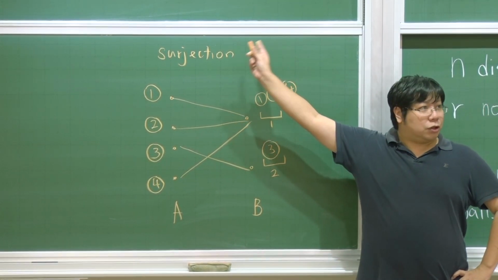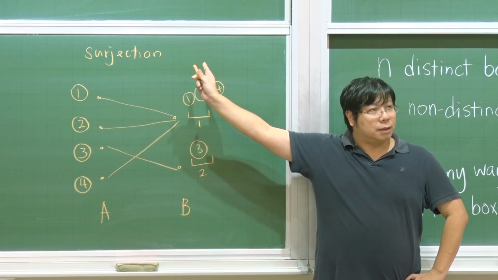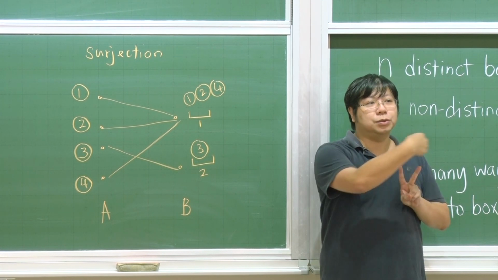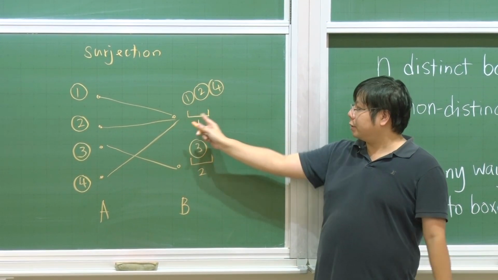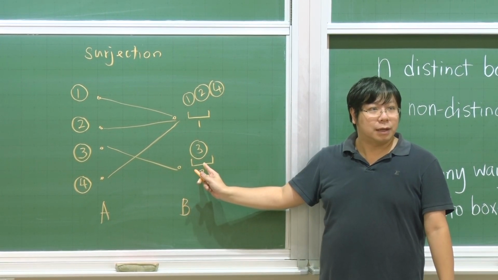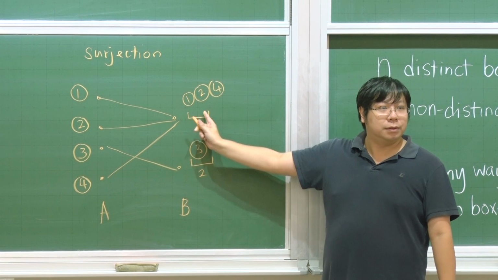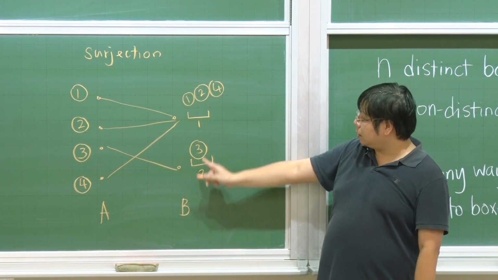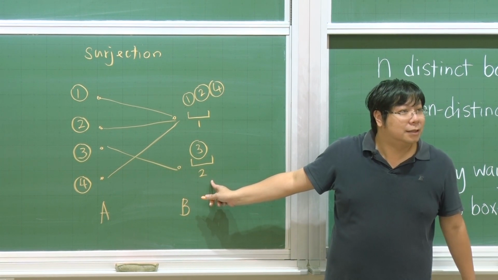So each surjection, you can describe it in 2 steps. First of all, tell me which values are put into the same box. And then the second one is, for each box, tell me what the value is. Is it 1, 2 here, or is it 2, 1 here? Is that okay?